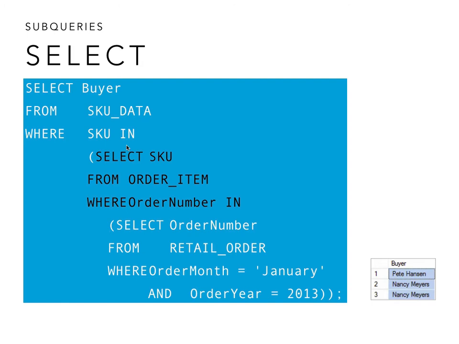How do you get buyers in our results that didn't buy anything? We're taking the SKU numbers of items bought and then the names of buyers who bought items. But you have to think about how you're doing it with rows in a table.